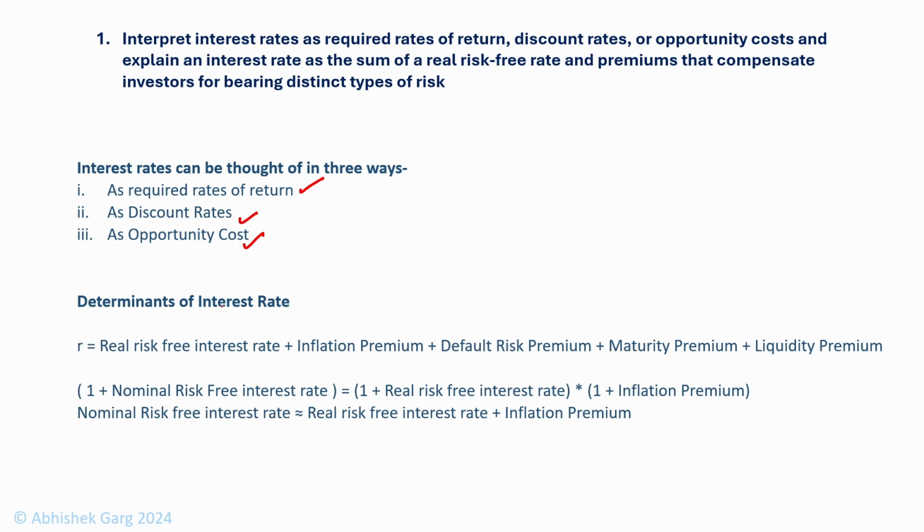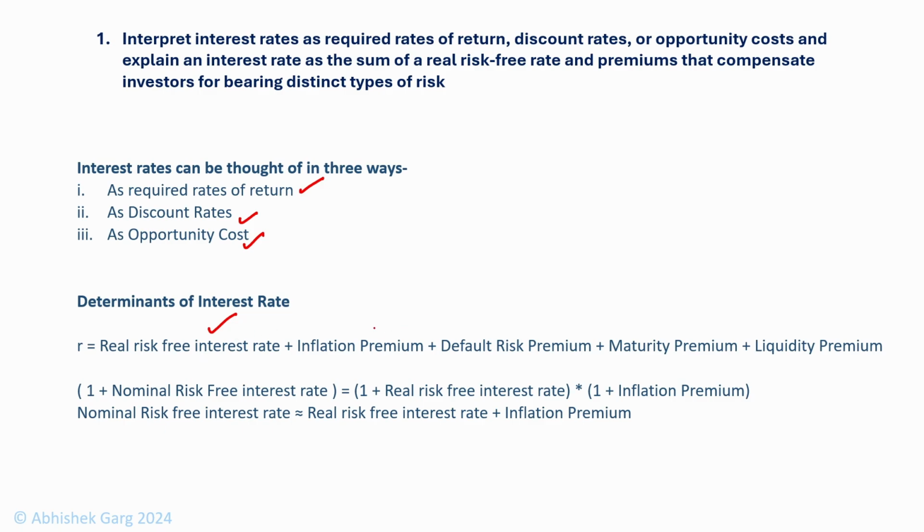Now let's talk about the composition of interest rate. The first component of interest rate is the real risk-free interest rate. The real risk-free interest rate is the interest that you can earn on a risk-free asset, and that is also free from inflation. In a non-inflation environment, the interest rate that you can earn on a risk-free asset, that is your real risk-free interest rate.